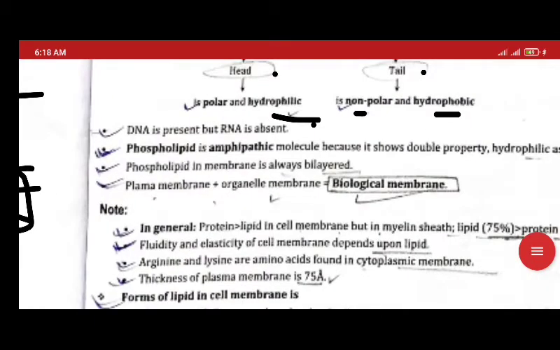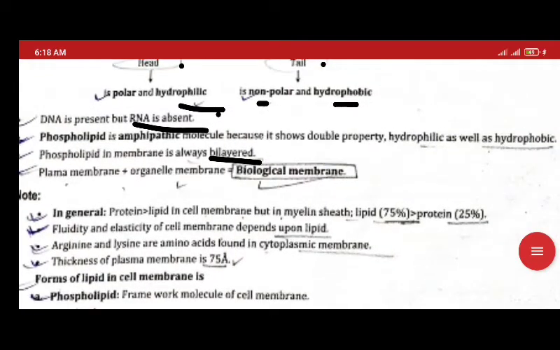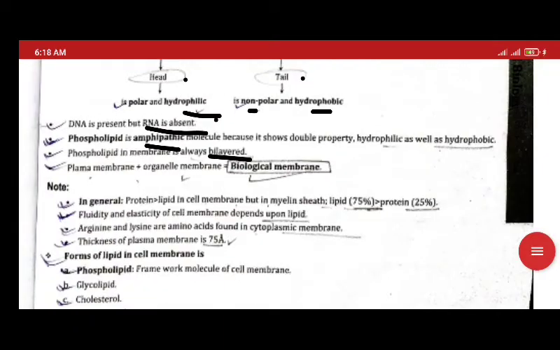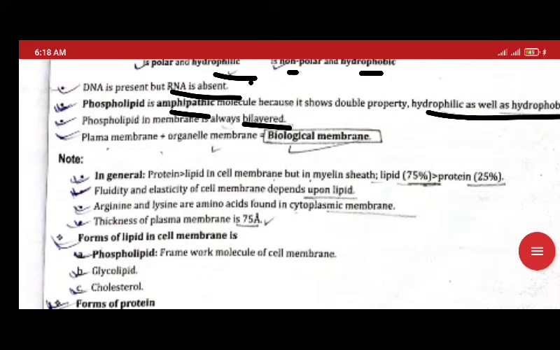DNA is present but RNA is absent in the plasma membrane. It is bilayered, and phospholipid is amphipathic, having both hydrophobic and hydrophilic nature.